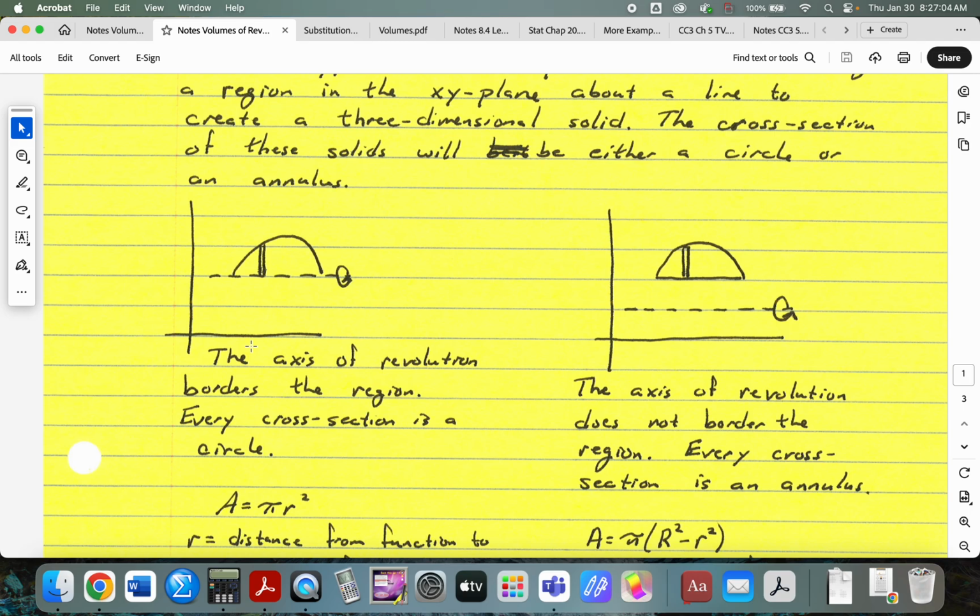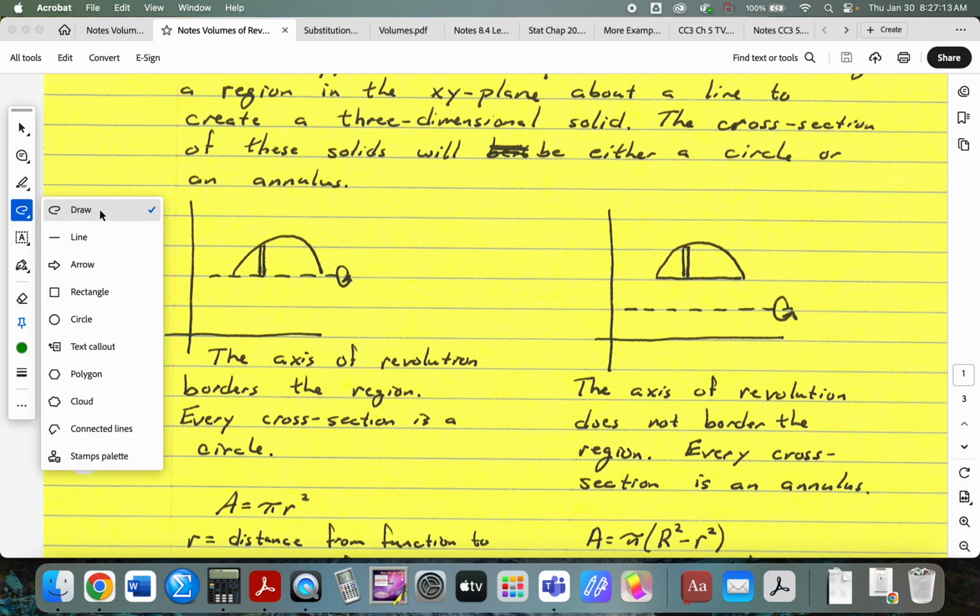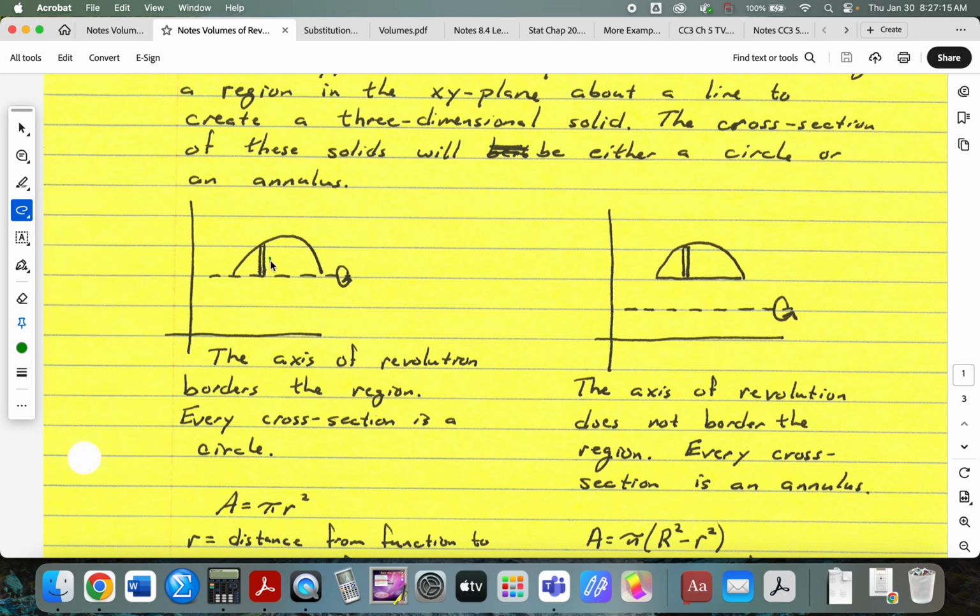When I spin it around, it sweeps out a circle, and this is going to be the radius of the circle. You don't necessarily have to visualize this, but that's basically what's going on. You end up with this circle. I've tried to sort of give you the three dimensions.